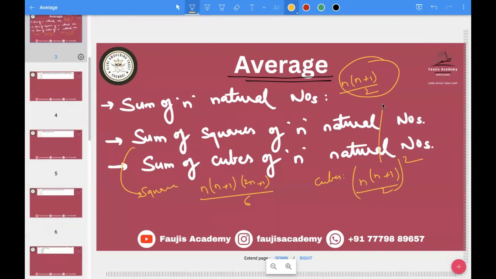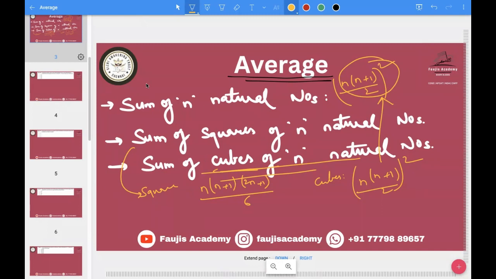Guys, isn't it? These two formulas look similar, no? If you do the whole square of it, we'll get the cube one, no? The sum of the cubes of n natural numbers. So instead of thinking in three different formulas, think in terms of two different formulas.